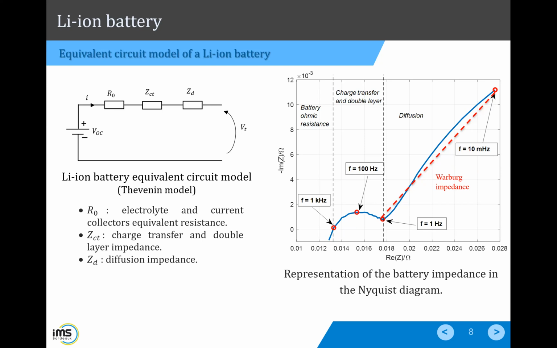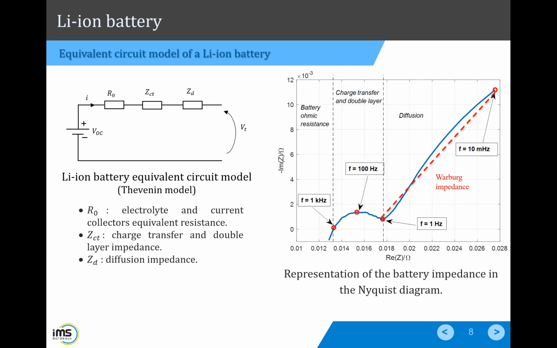For the battery ohmic behavior, we use a resistance R0, an impedance ZCT to characterize the phenomena of charge transfer and double layer, and an impedance ZD to characterize the phenomena of diffusion.